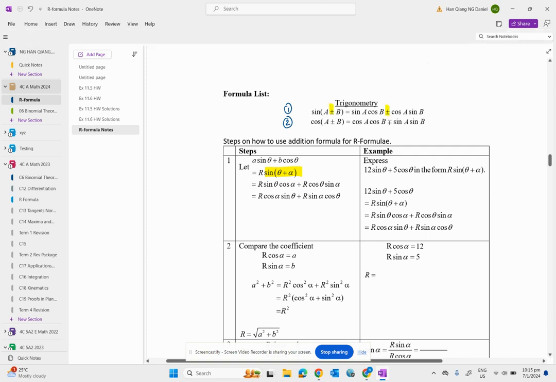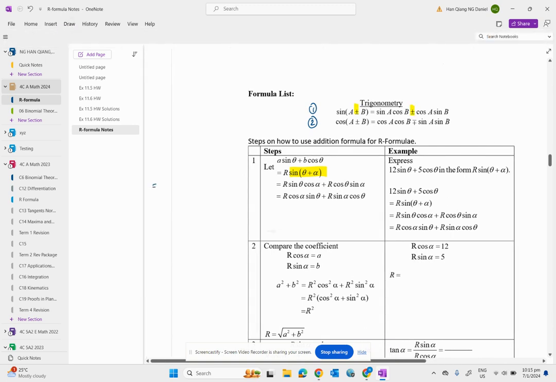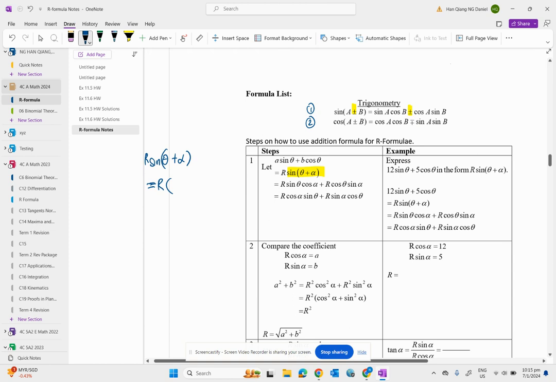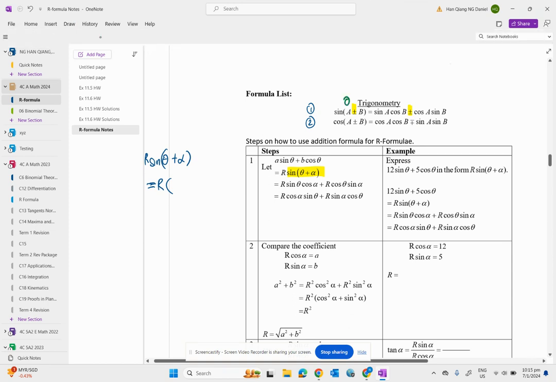That's how it works. Okay, so if I were to express r sine (theta plus alpha) in this form, I use the addition formula, equals r bracket. So I replace sine (theta plus alpha). We take it that theta is your a, your alpha is b.